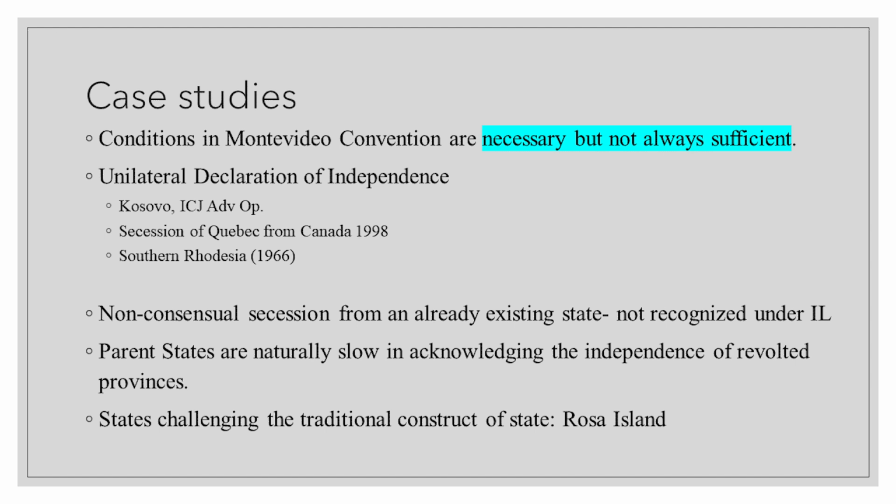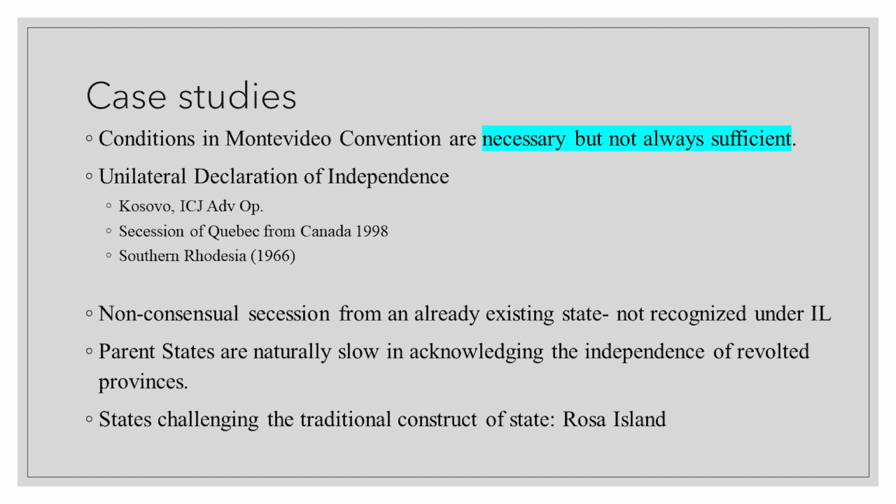As I said earlier, there might be a situation where a state says that I fulfill the four conditions mentioned in the Montevideo Convention, but the existing states of the world community may say that we still would not recognize you as a state. Suppose there is an existing state and there is a division that took place, and this division was a rebellious division.